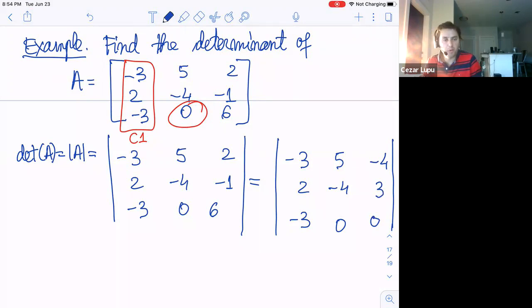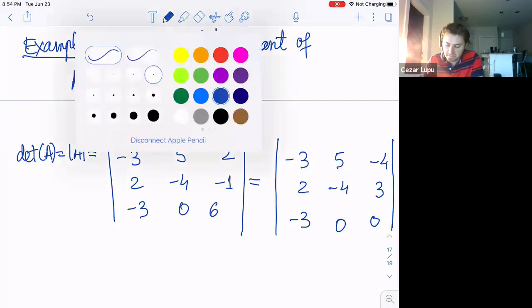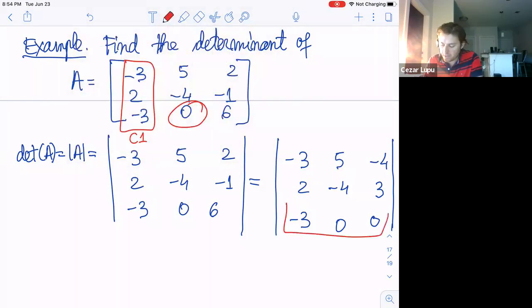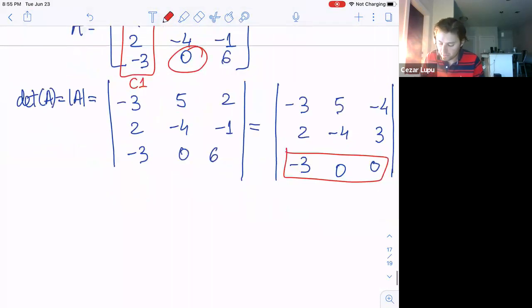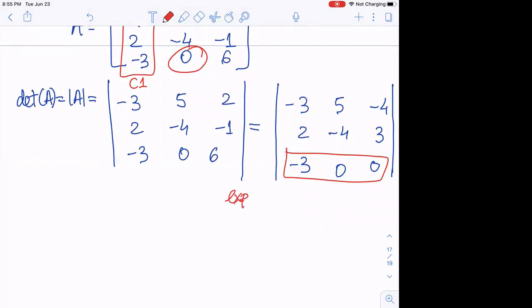But what can you do now? You have 2 zeros. You see, when you have 2 zeros, you are lucky because look, I can expand over the third row, right? Shouldn't that be -3?